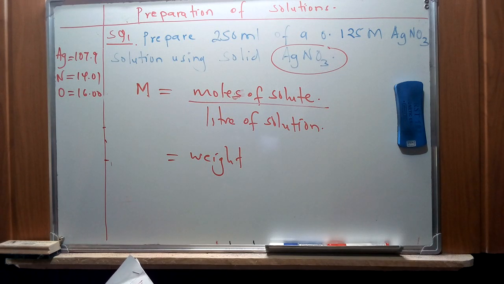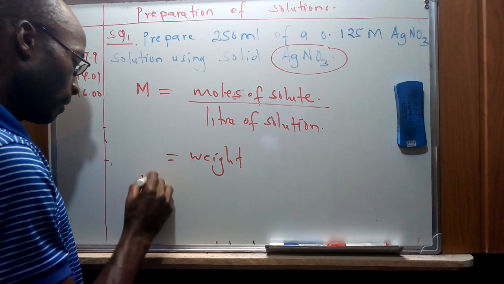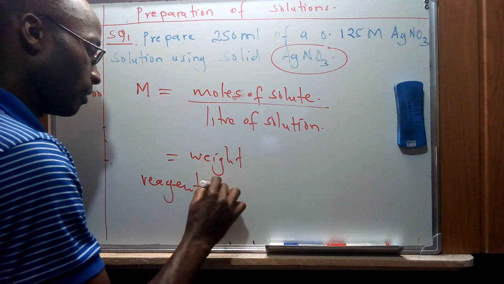So that is trying to figure out the mass of those particular substances. And in this case, we have what we call a reagent grade sample.